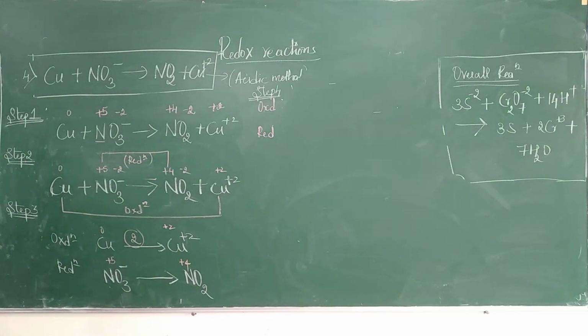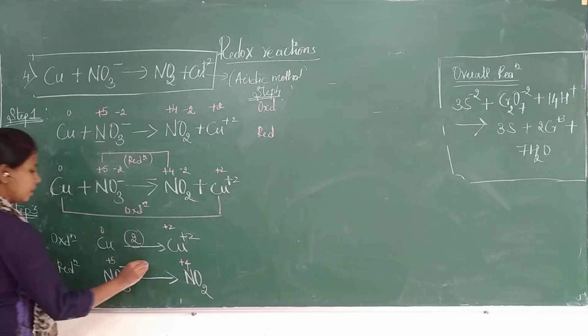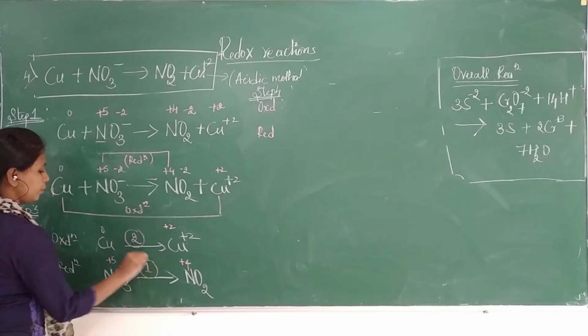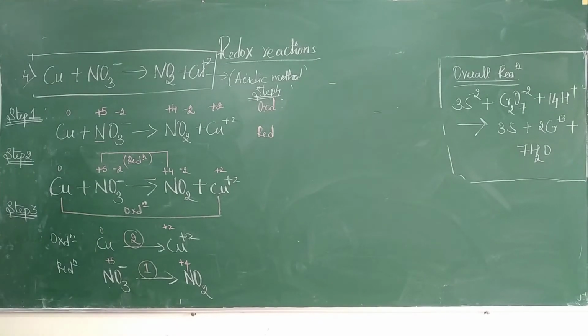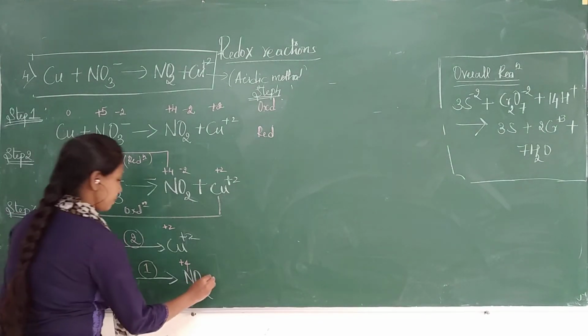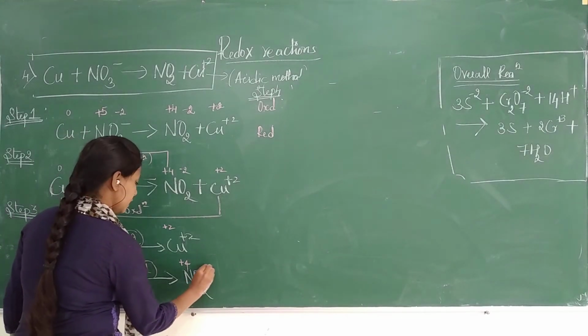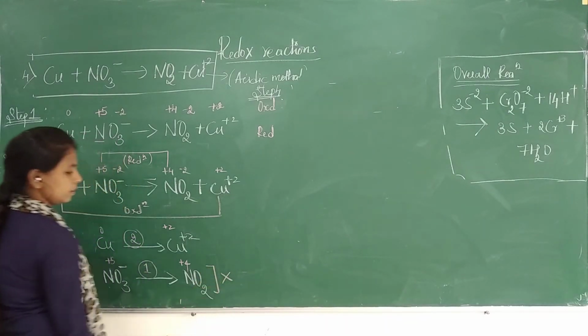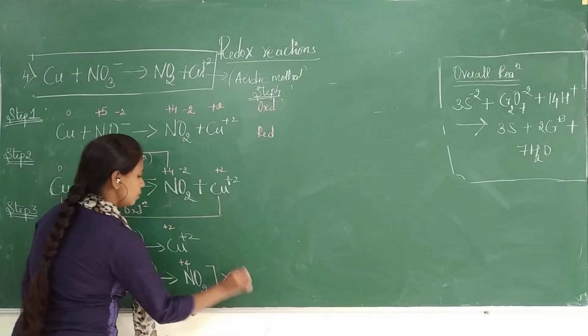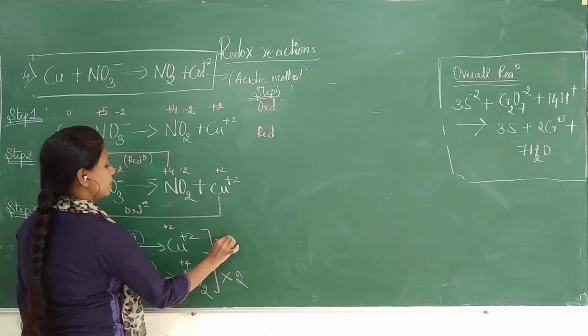Whereas the reduction reaction has decreased by 1. Okay, how will you equalize it now? So this is multiplied with 2 and this with 1.